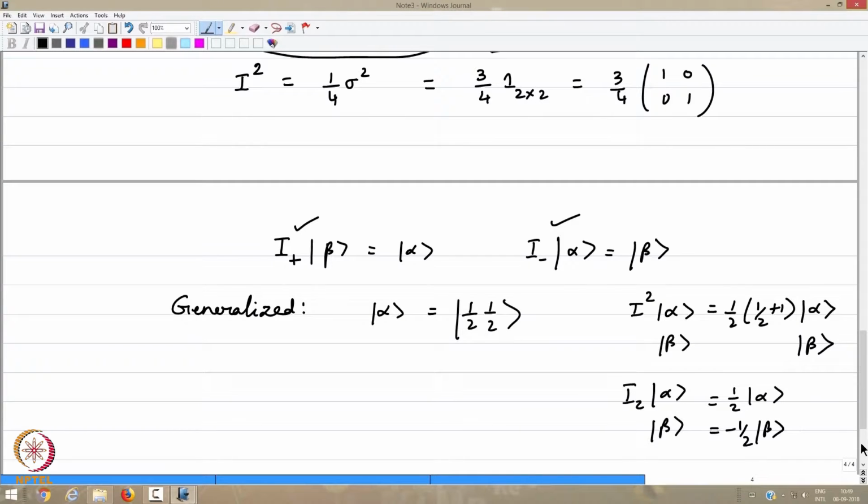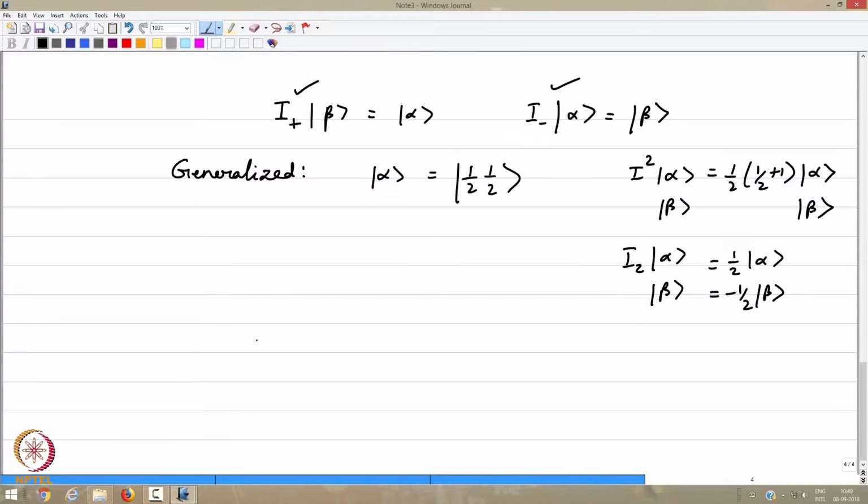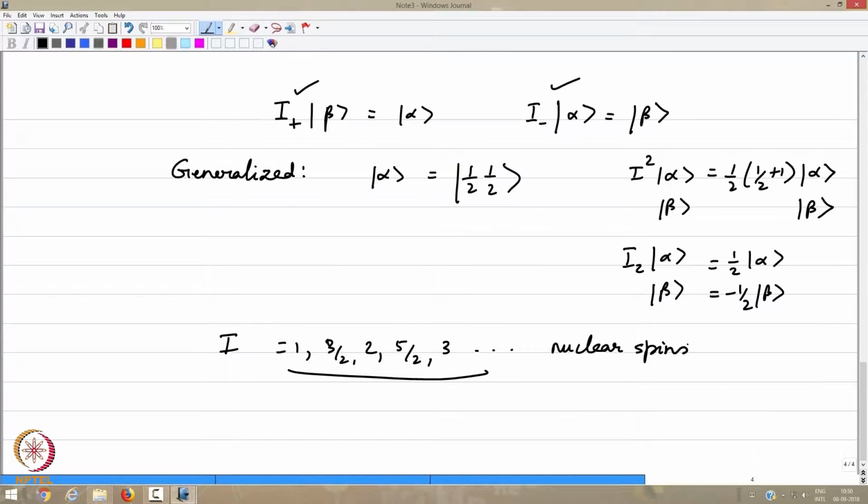Now, the general relations for all these things are for I equal to 1, 3/2, 2, 5/2, 3, and so on. These are all important in the coupling between the angular momenta as well as nuclear spins, when we study at some point later nuclear magnetic resonance as well.